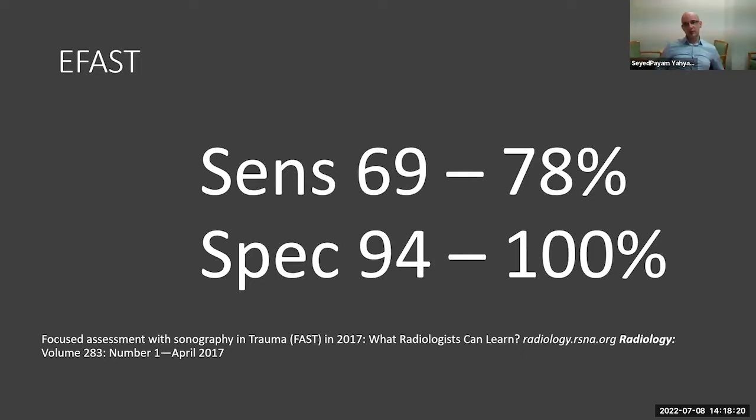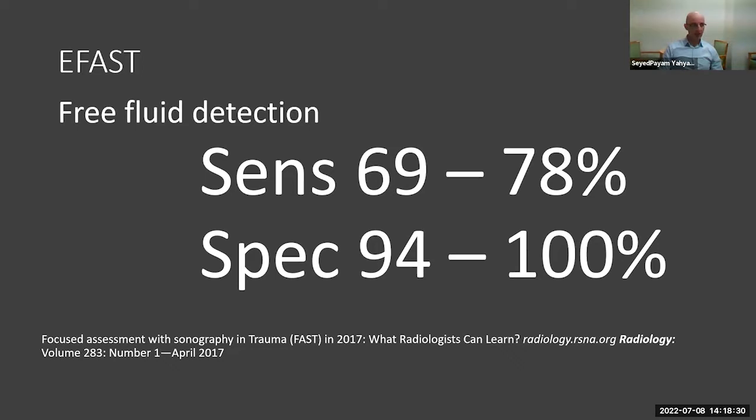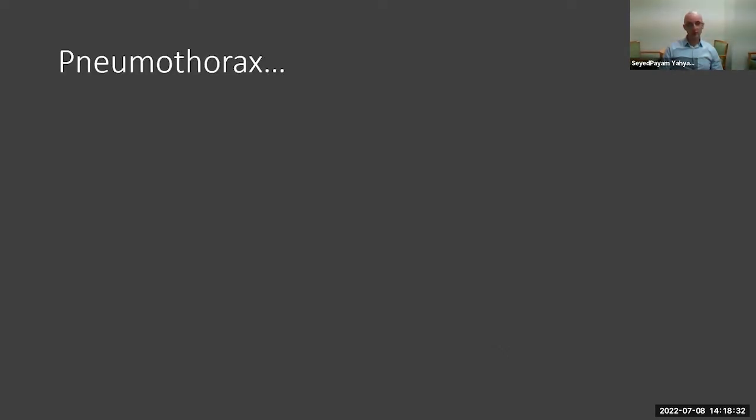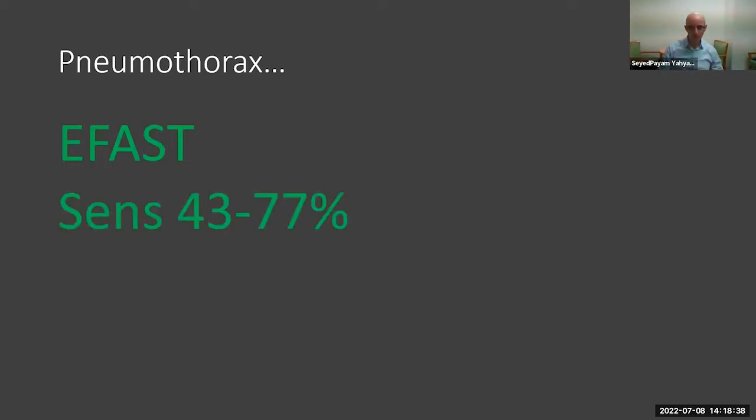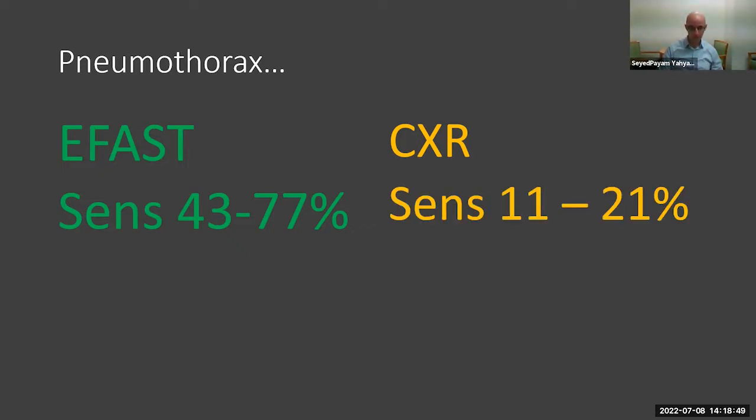Depending on how much fluid is there, there are some studies showing a sensitivity of about 70 to 80% and specificity of about 90 to 100%. And for the pneumothorax, especially in trauma, it's interesting that the sensitivity of EFAST for picking up pneumothoraces, especially small ones, is much better than chest X-ray.